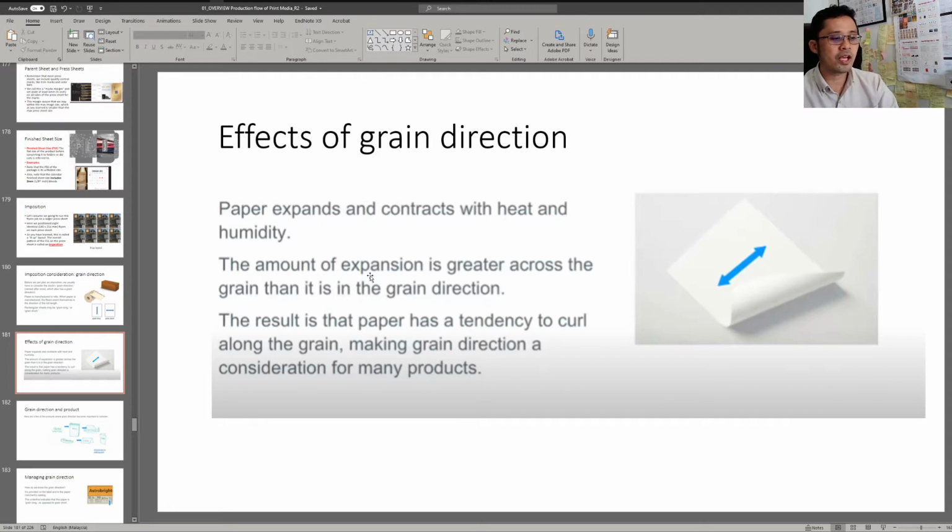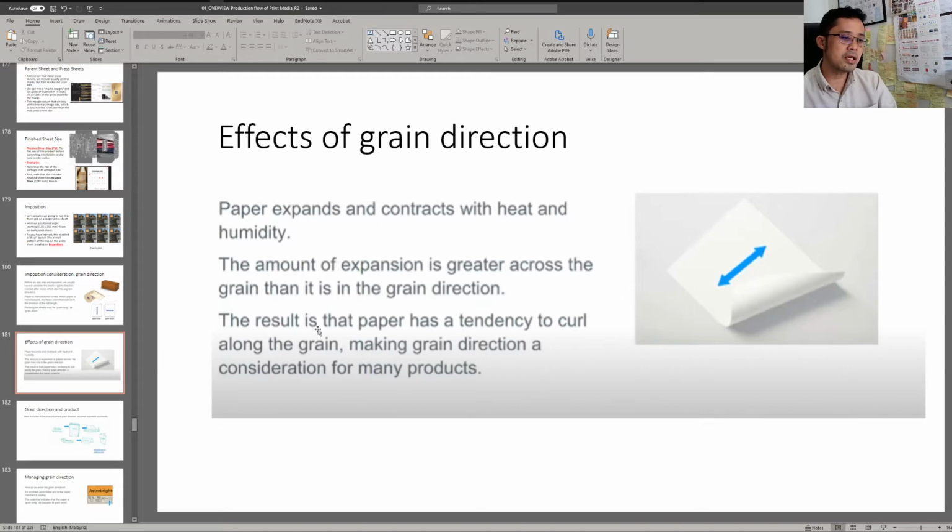So the amount of expand is greater across the grain than it is in the grain direction. Amount of expand, lebih banyak pengembangan, expansion itu lebih besar daripada across the grain direction. Grain direction maknanya apa? Jumlah expand itu lebih besar daripada lawan grain, daripada mengikut arah grain.